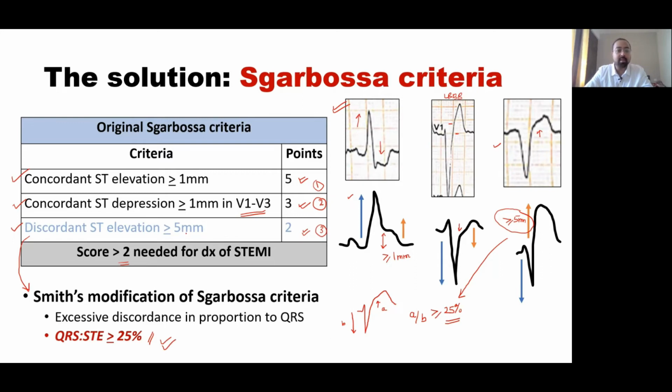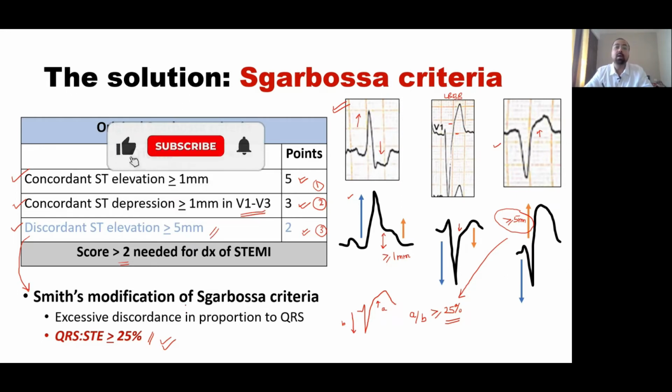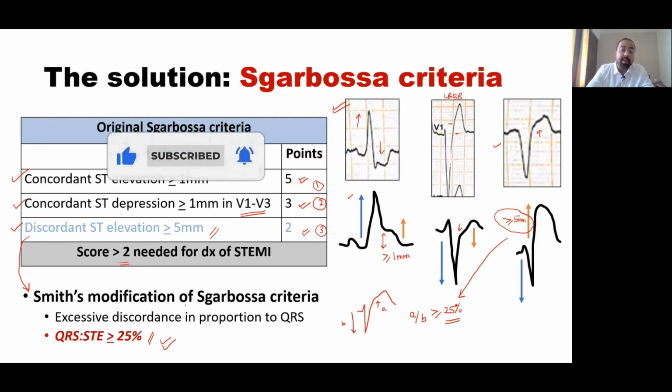Though it was still less diagnostic than the first 2 criteria of concordance, it was still better than the original third criteria of Garbosa, and this hence forms the modified Garbosa criteria. So this is how you can diagnose an occlusion myocardial infarction or STEMI in a patient with left bundle branch block, if any of these criteria are present.